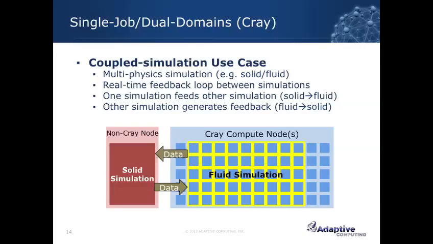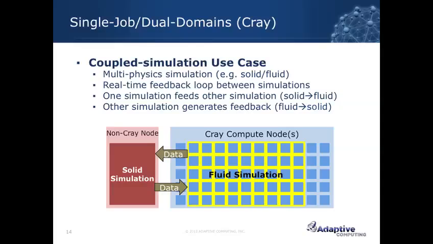We've run into some scenarios with various customers where they want to have a simulation where you have the solid simulation, which is fairly static, on the non-Cray nodes, and then you have the fluid simulation that's run within the Cray. The problem is that if you run multiple jobs, you can get out of sync, and it can fail very quickly, and there's a lot of manual overhead, and you don't get the automation and the scheduling benefits that you would expect from Adaptive's products.